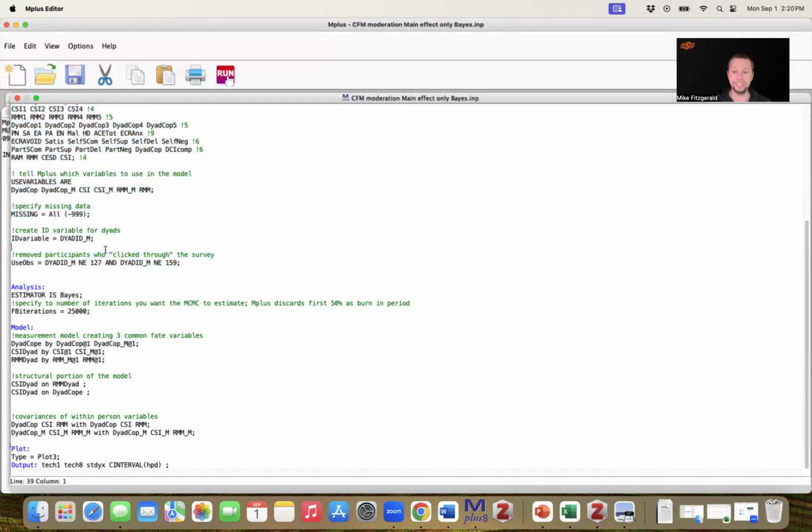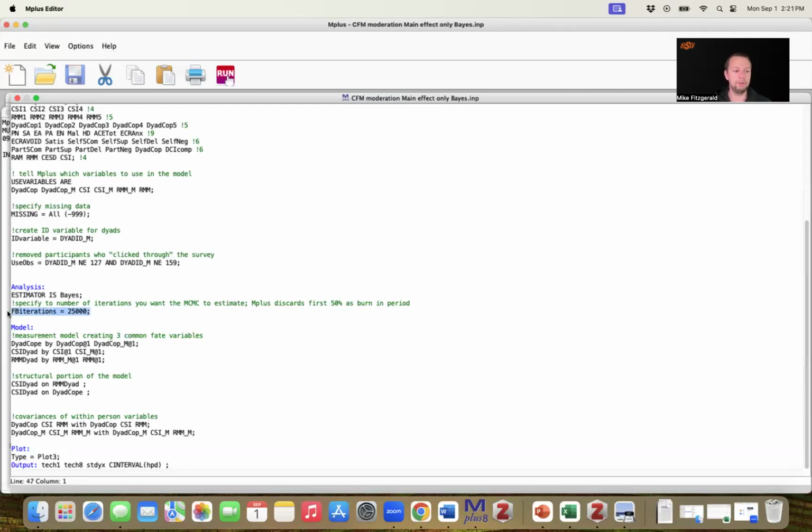There's nothing actually different. But in the analysis command is where things shift a little bit. All right. So by default, Mplus is going to have maximum likelihood as your estimator. All right. So we are going to override that default and say estimator is Bayes. So we are again going to use the Bayesian estimation.